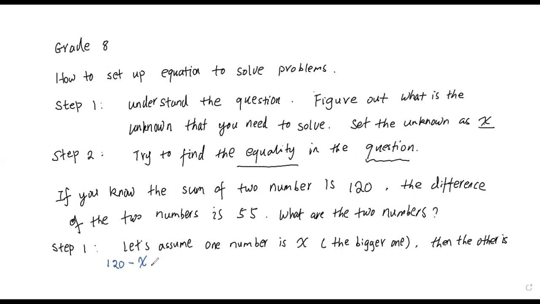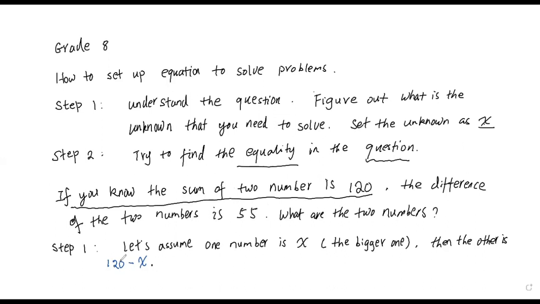So this is the step where you understand the question and you write the question in terms of assuming that you know the x, so you use the first condition. So you figure out what the unknown is and also the condition.